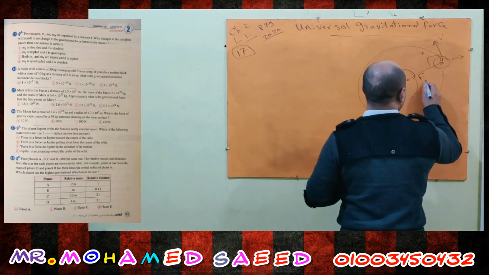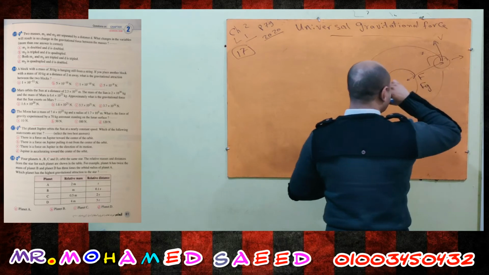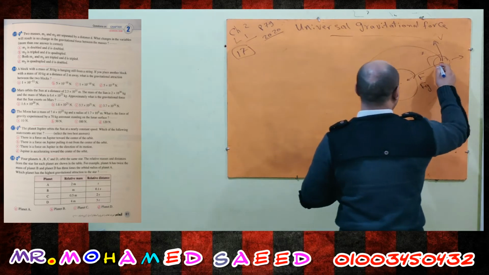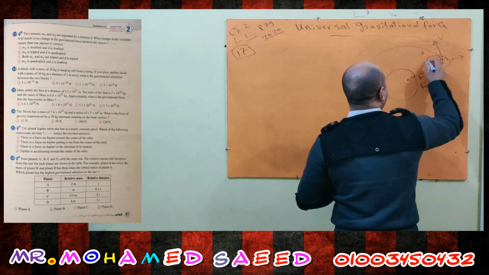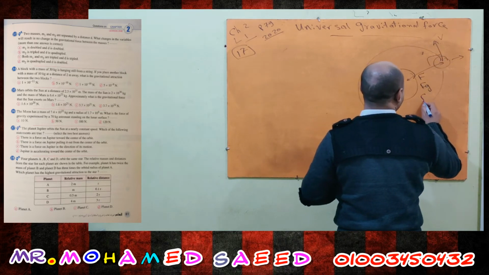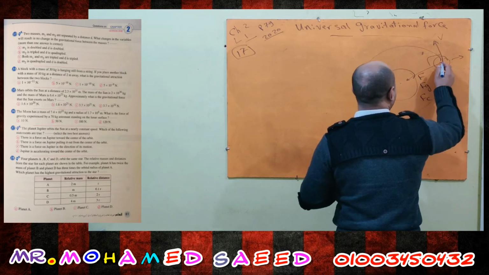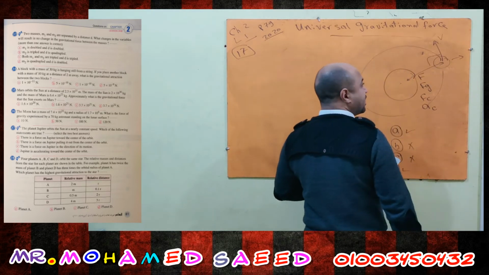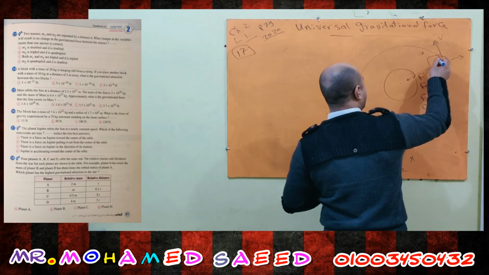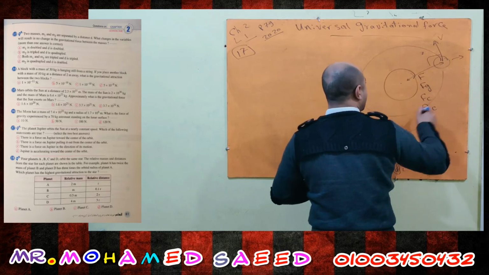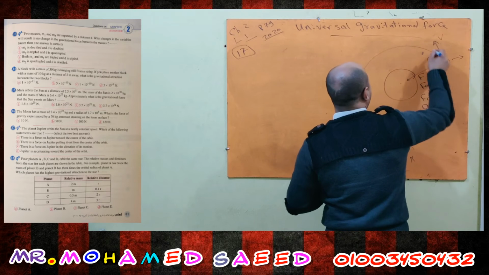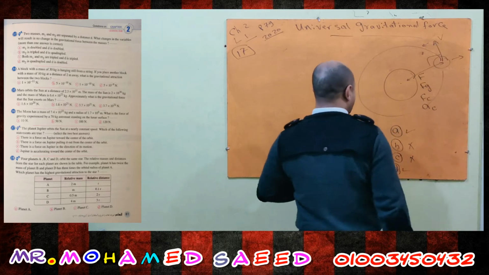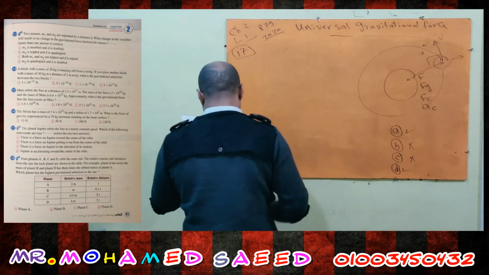F or FG, gravitational force between Jupiter and Sun, is perpendicular to the direction of movement. So this force acts as centripetal force. So Jupiter acquired acceleration called centripetal acceleration that keeps Jupiter moving in circular path with constant speed and changeable direction. It changes its direction. So A and D are correct.